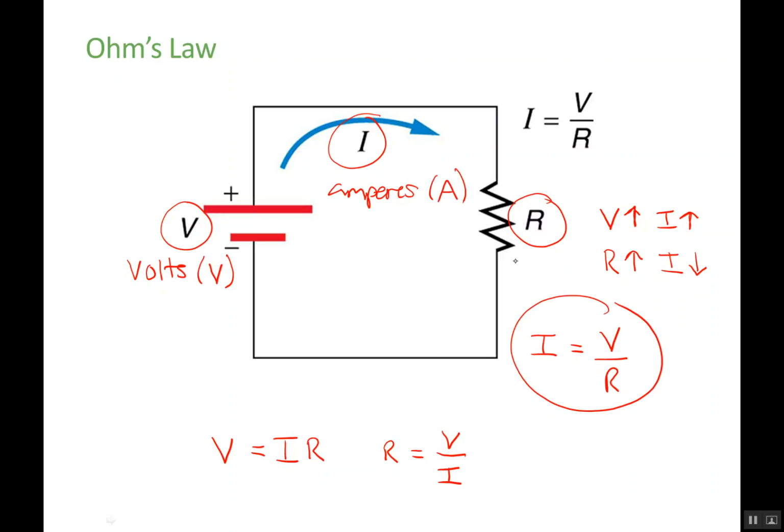Electrical resistance has units of ohms, and the unit symbol for ohms is the capital Greek letter omega. So 1 ohm of resistance means if 1 volt is applied, 1 amp of current will flow.